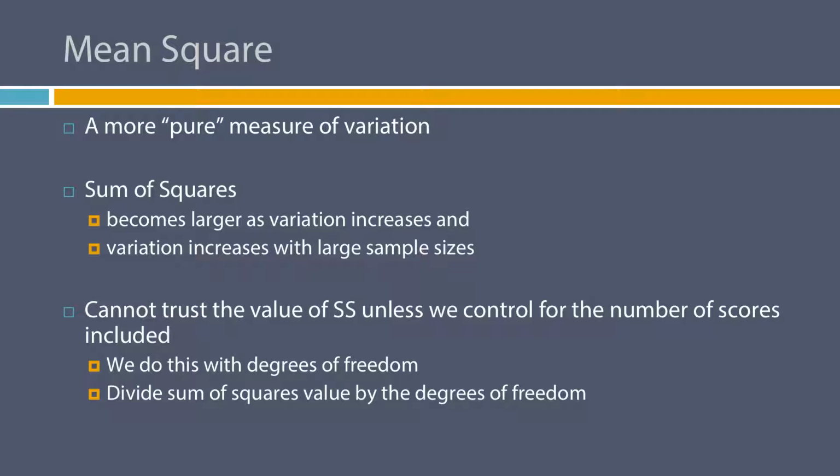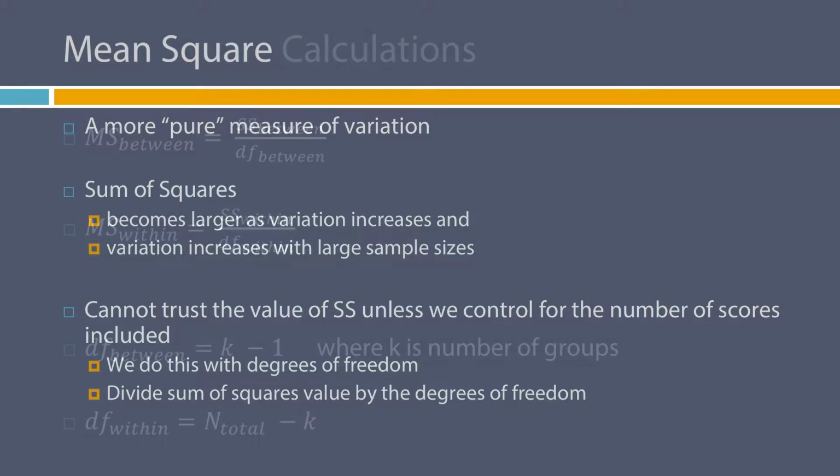We have degrees of freedom for the t-test, which is n of group 1 plus n of group 2 minus 2, right? So what we need to do is calculate the sum of squares, but then divide by the total number of cases, adjusted by a correction factor for that number of cases, which is called the degrees of freedom. So we're going to divide the sum of squares by the degrees of freedom.